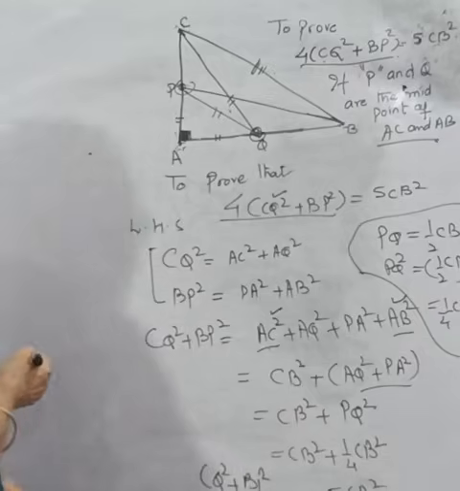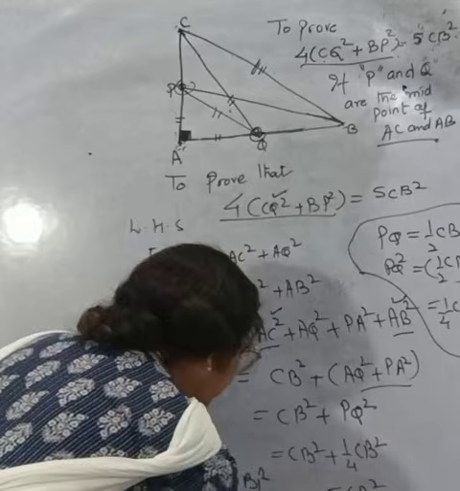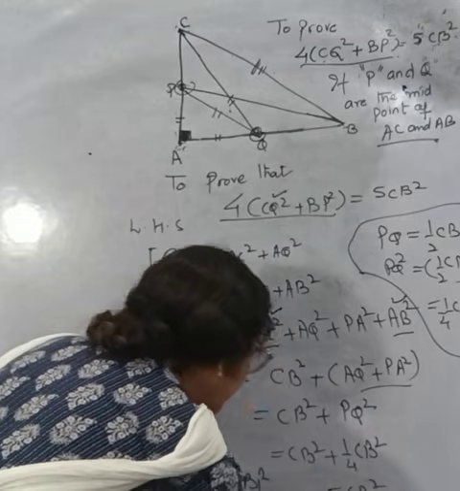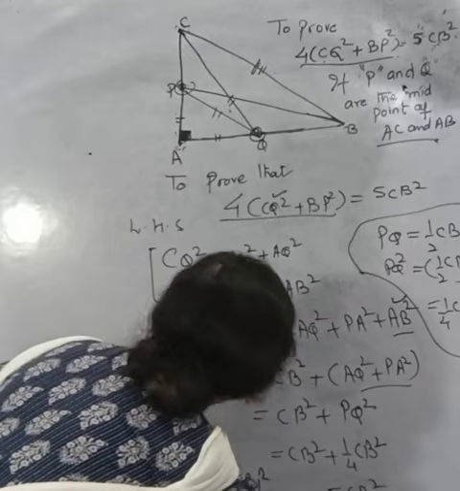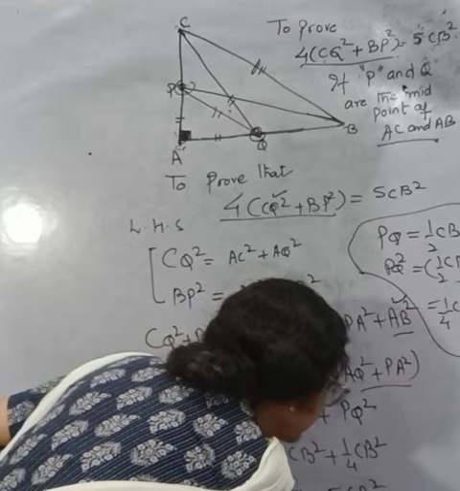Now bring the 4 over here. Cross multiplication will be done, so that we can say that 4 times CQ square plus BP square will be equal to 5 times CB square.